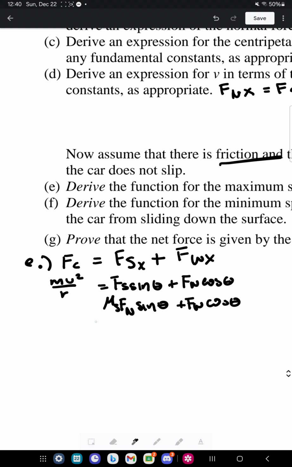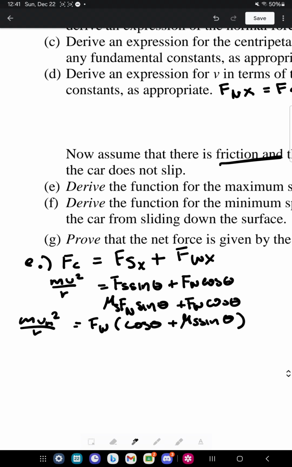And after this, I want to take out the F of n, leaving us with cos theta plus mu s sine theta, and that equals m v max squared over r.